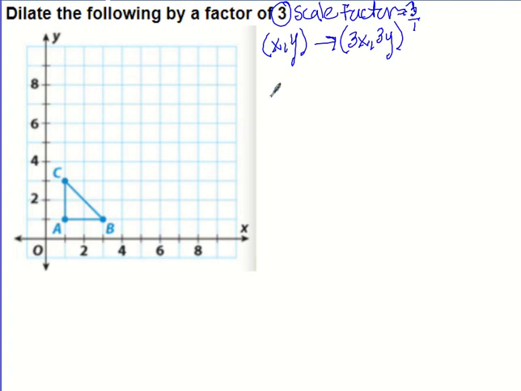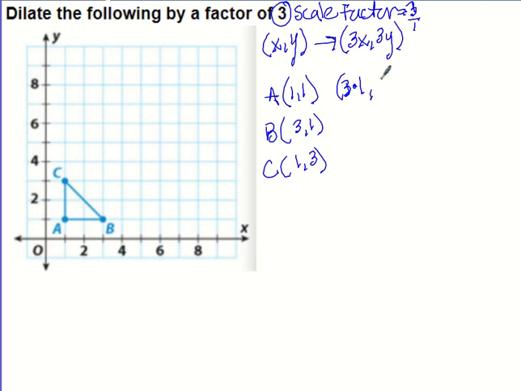So if I take A, it's at (1, 1), and B (3, 1), and C is at (1, 3). What I'm going to do is take 3 times 1, and 3 times 1, and A prime is going to become (3, 3).